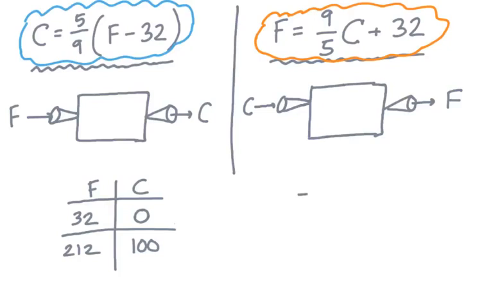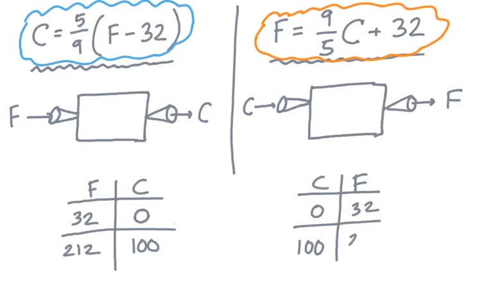Now, without much thought, if we come over to the inverse, we understand that the values are getting swapped. So now the 0 and 100 become the inputs, and the 32 and the 212 become the outputs.